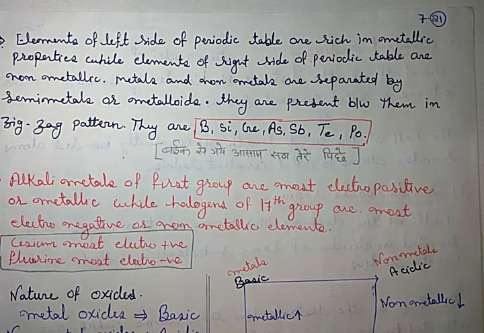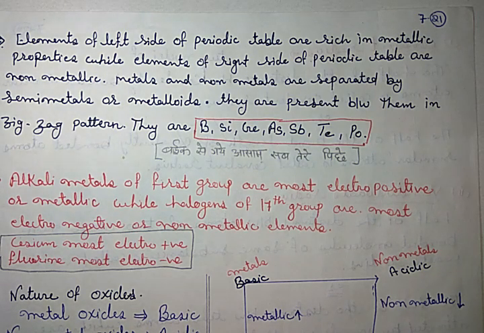It is because as we move in a period, metallic properties decrease and non-metallic properties increase, while when we move in a group, metallic properties increase and non-metallic properties decrease. Because of the combined effect of them, semi-metals or metalloids are found in a zigzag pattern.